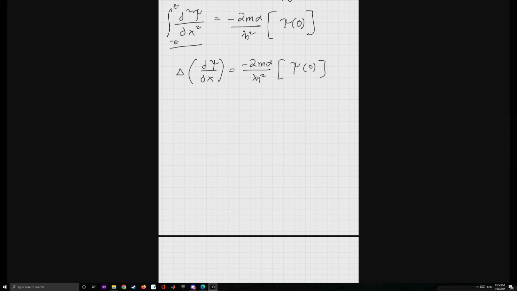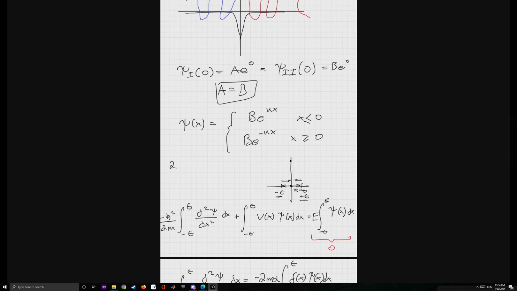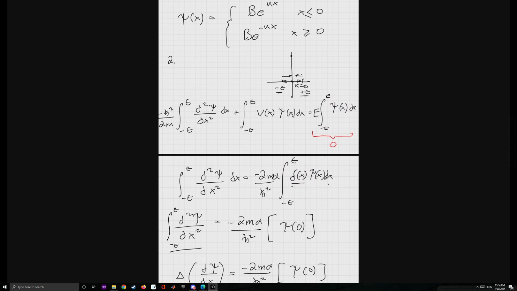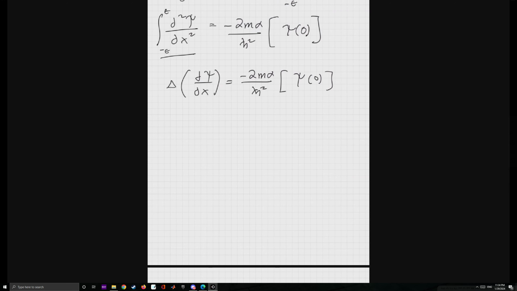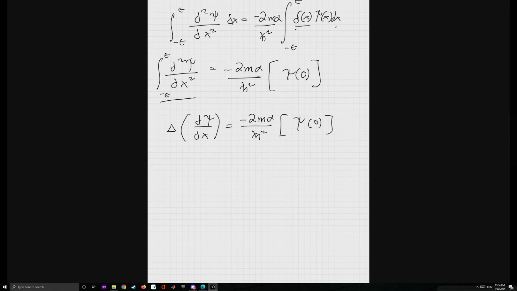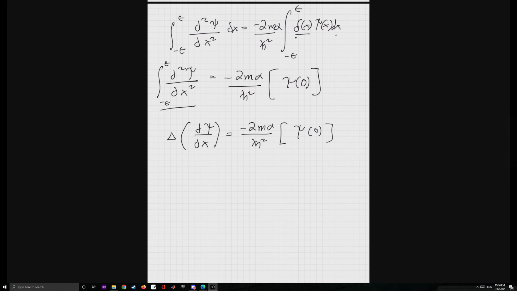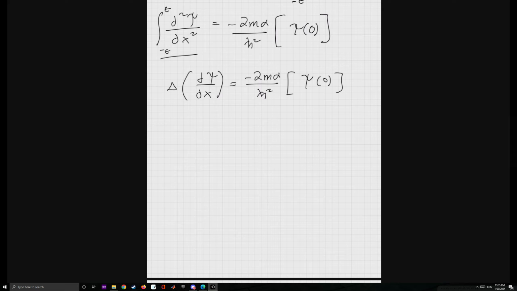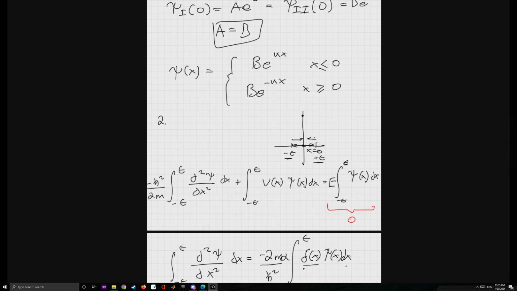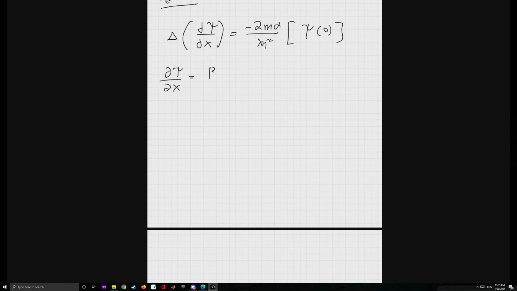Now we must find what d psi dx actually is. So we must find d psi dx for x smaller than 0 and d psi dx for x greater than 0, and then we simply find the difference, delta. So d psi dx equals, for x smaller than 0, b k e to the kx.